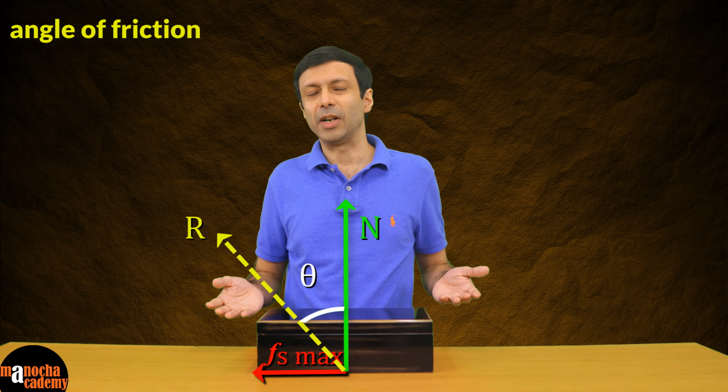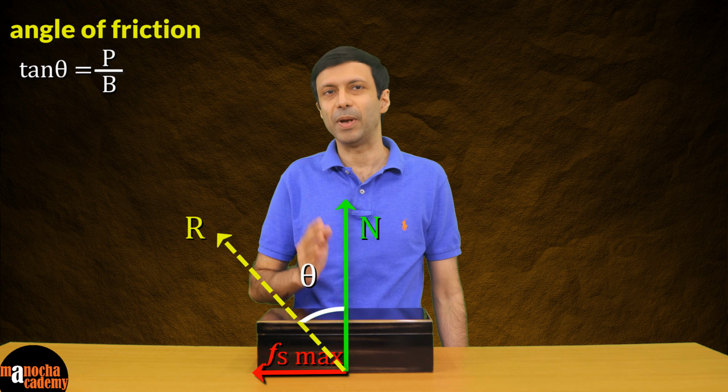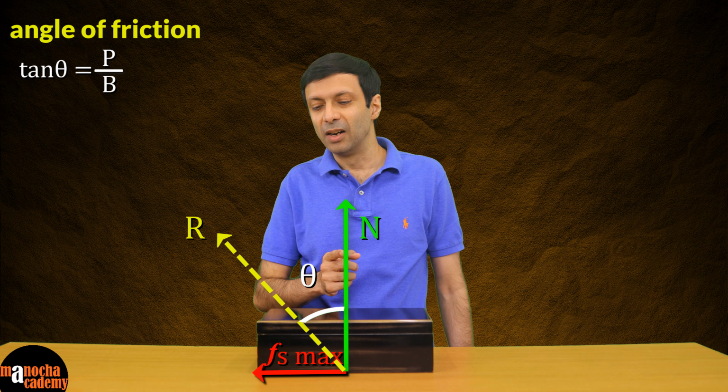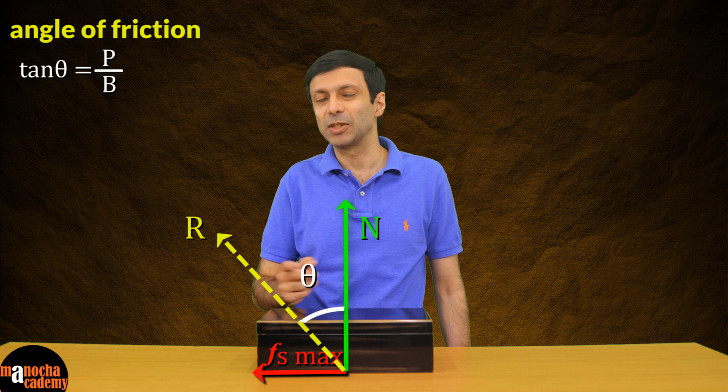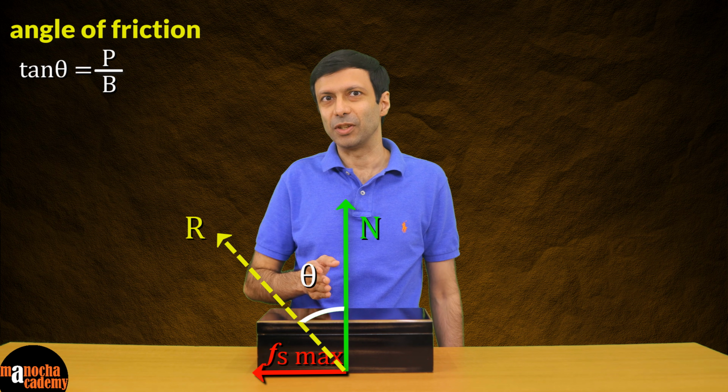Now using trigonometry, we can write tan theta is perpendicular divided by base. So it's going to be the frictional force, the maximum limiting friction force here, divided by the normal reaction.